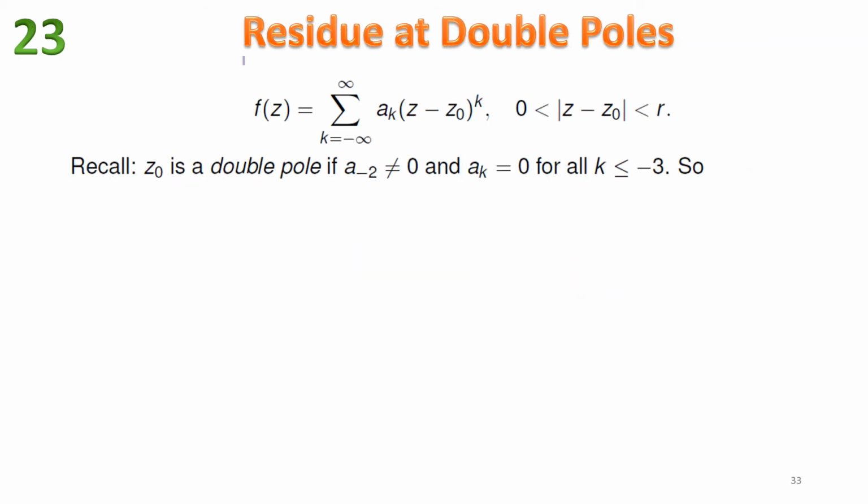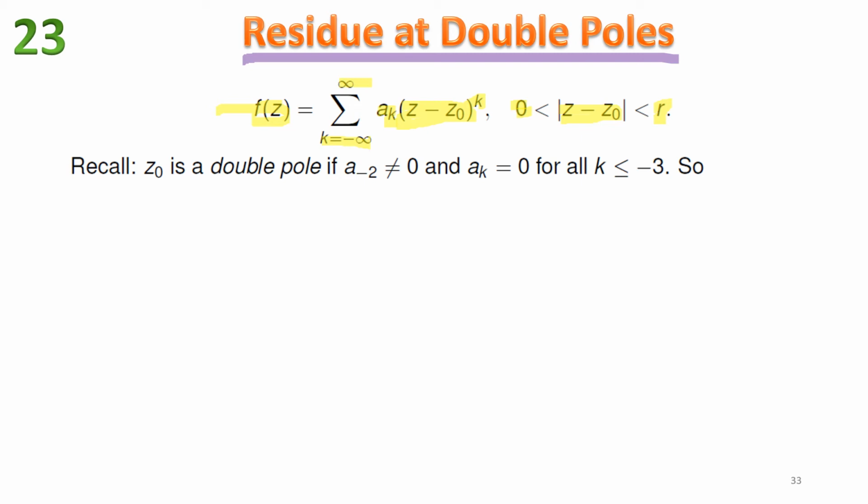Now we are in a position to understand how to find the residue at a double pole. For this, we shall consider f of z as a Laurent series ak into z minus z0 to the power k, where k runs from minus infinity to plus infinity, and this is valid for all z with mod of z minus z0 lying between 0 and r, but not strictly r and not strictly 0.